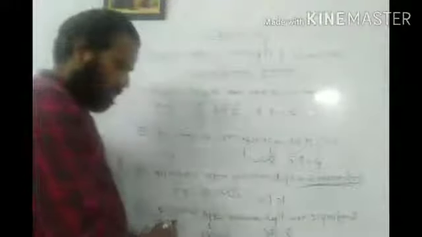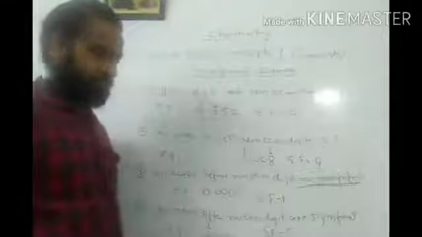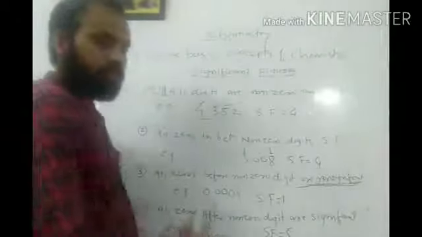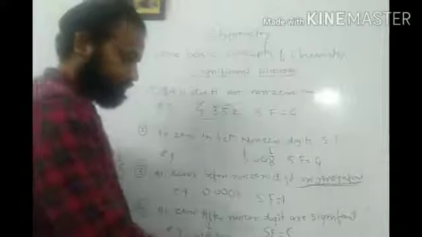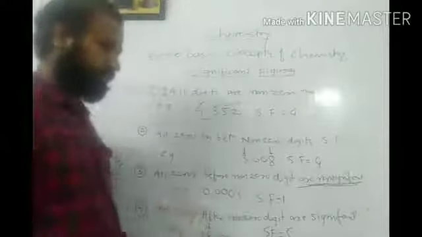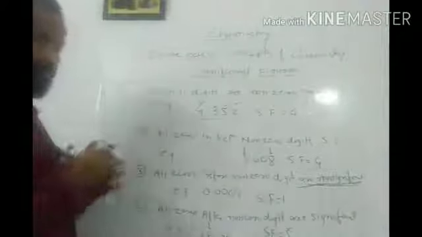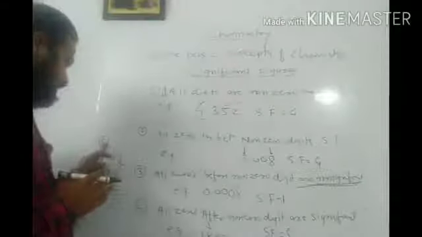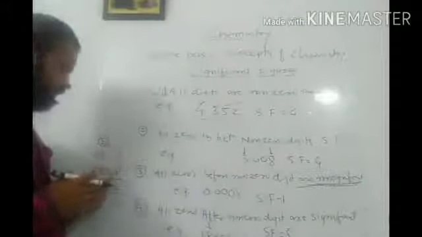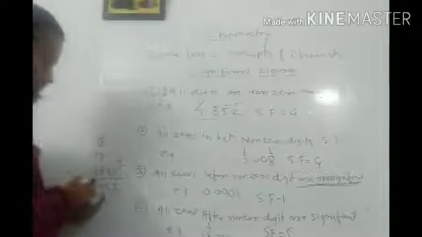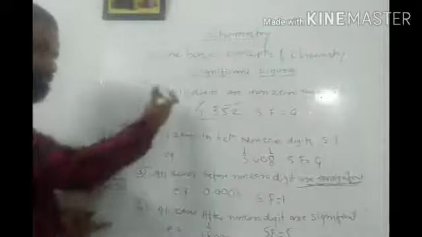The fourth rule we have also discussed: all zeros after non-zero digits are significant. Likewise, if 1.800 is there and zeros are available after the non-zero digit, we consider them. And the fifth rule, because of limitation of space I can't write it down, you just have to remember. If a power term is available, we neglect the power term and write down the significant figures of the remaining term only, according to the previous rules.